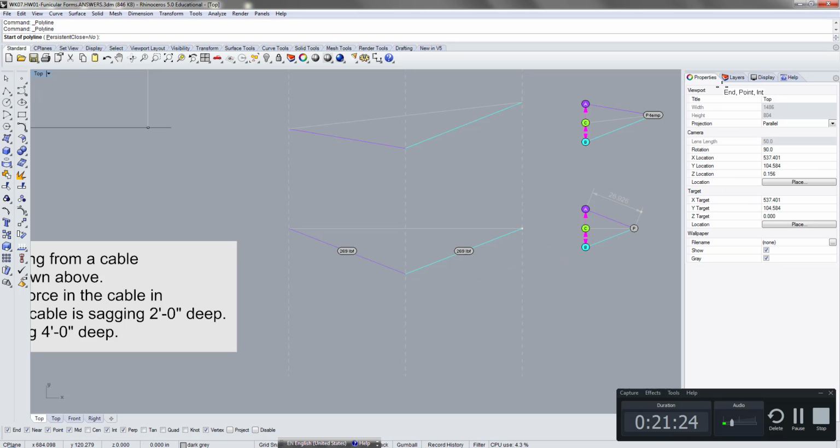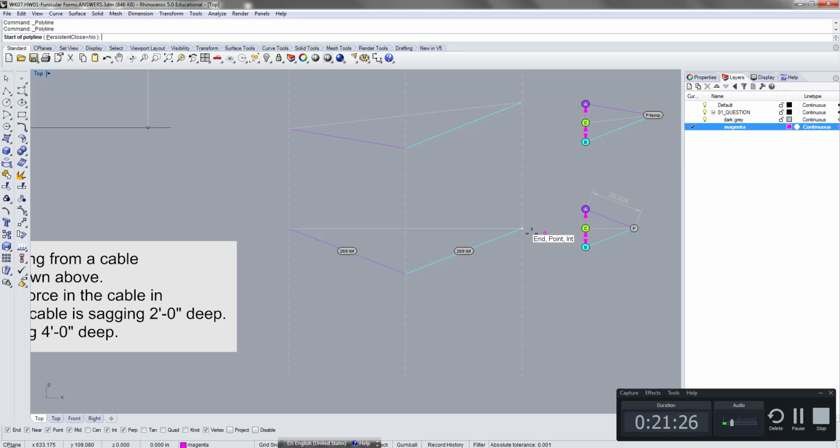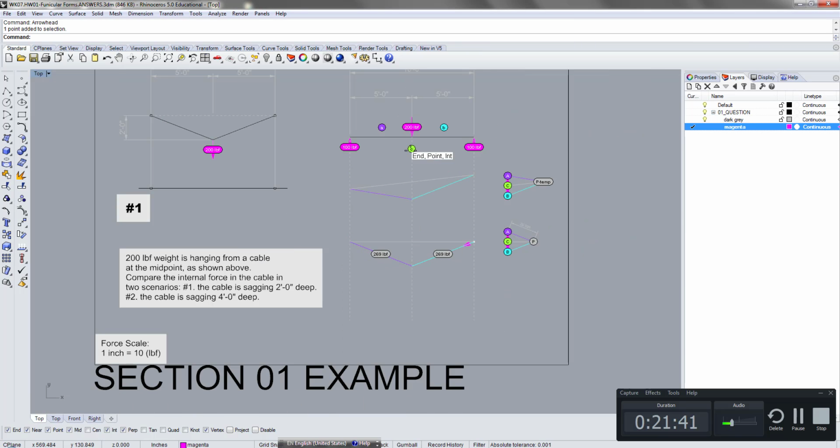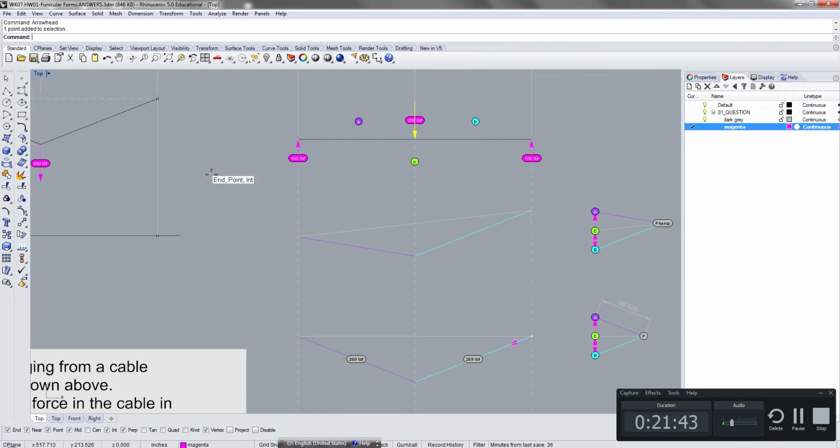I'm going to draw it smaller than it is because it's just a conceptual diagram, but what's happening here is this cable is fixed at this point and it's pulling that point, right? And then there's also a weight here.